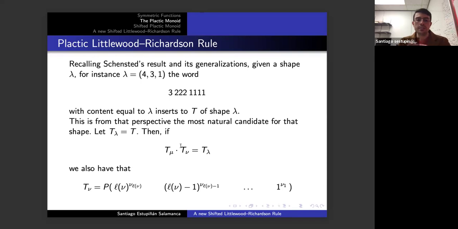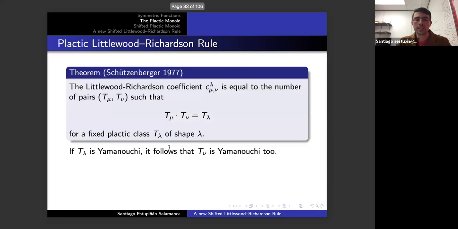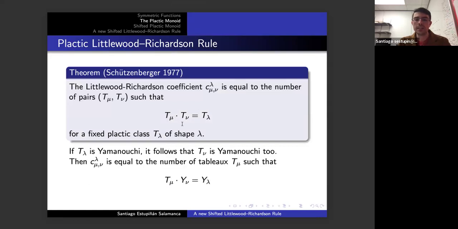And they are also very nice from the plactic perspective, because if you let T sub lambda be a Yamanouchi tableau, then this immediately forces T sub nu to be Yamanouchi as well. And that means that instead of counting all pairs of tableaux such that they insert to this particular fixed tableau, you can fix a Yamanouchi tableau on the right, and then this forces a certain choice for the second factor, and it's enough to count all tableaux T sub mu that satisfy this equality.